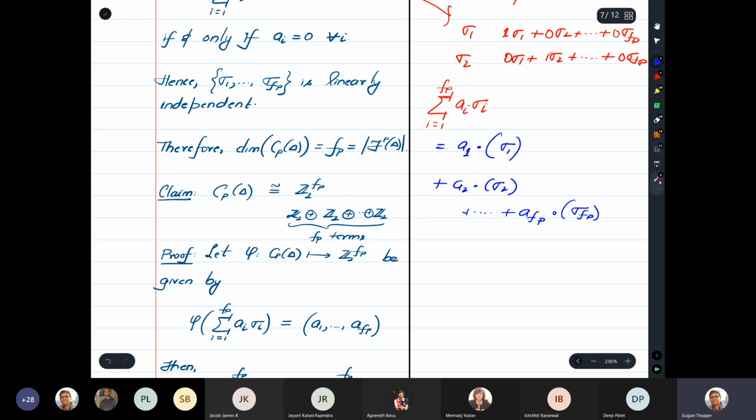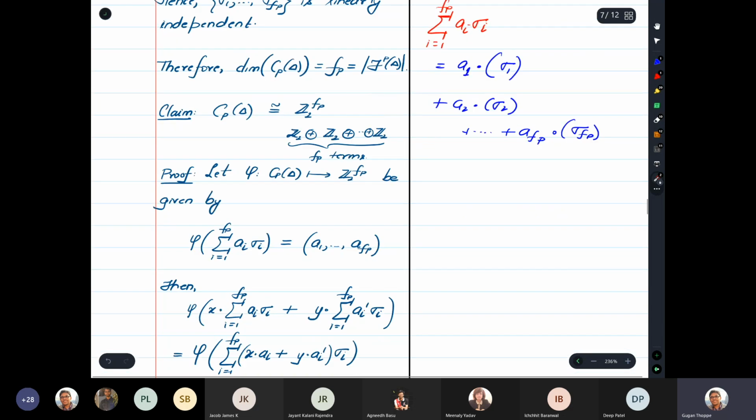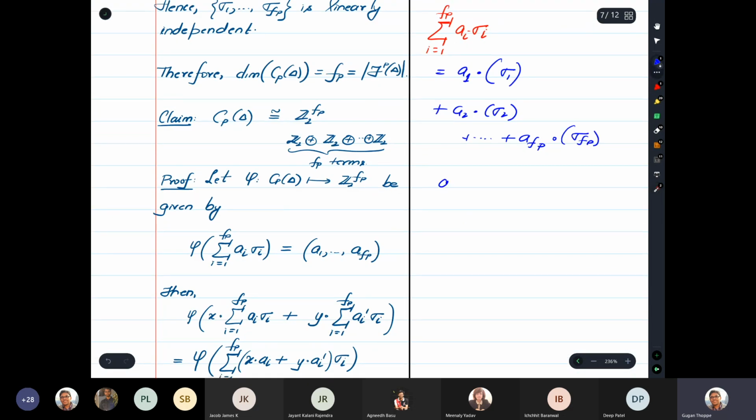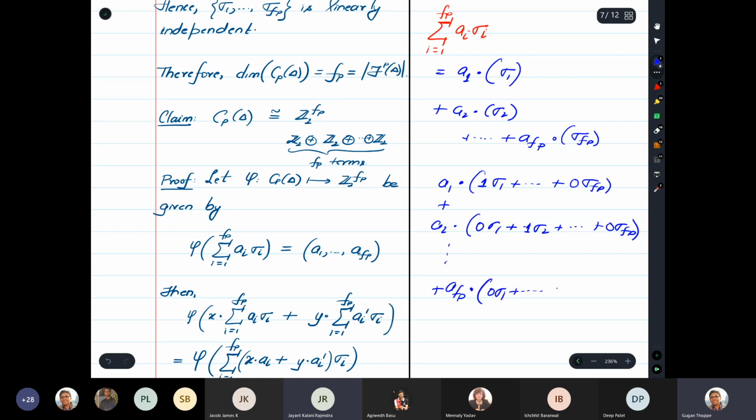Again you can ask, what is happening here? I don't know how to multiply A1 with sigma 1. Well, you have to interpret this sigma 1 as 1 sigma 1 plus and so on plus 0 sigma FP. You have to interpret this sigma 2 as 0 sigma 1 plus 1 sigma 2 plus and so on plus 0 sigma FP, and all the way up to AFP scalar product 0 sigma 1 plus and so on plus 1 sigma fp.